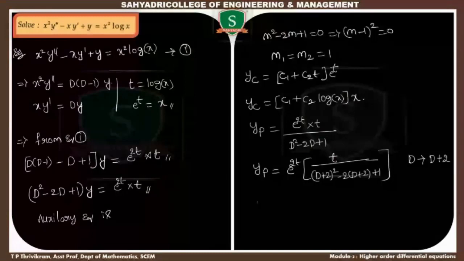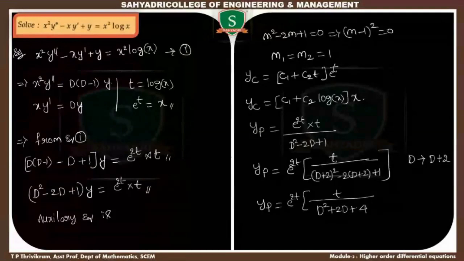So yp is equal to e power 2t into t divided by D square plus 4D plus 4 minus 2D minus 4 plus 1.